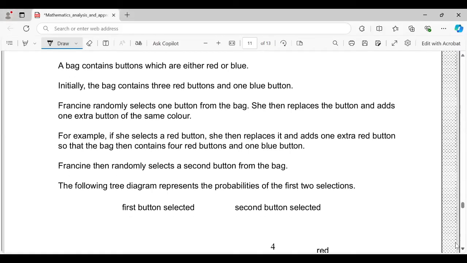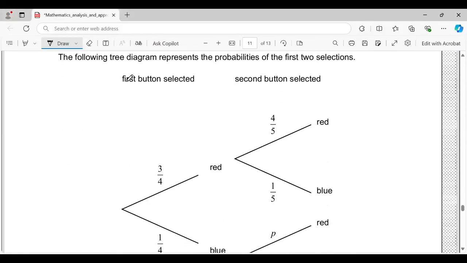Okay. This is the first button selected, and this part is the second button selected.